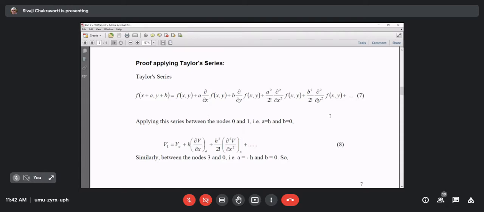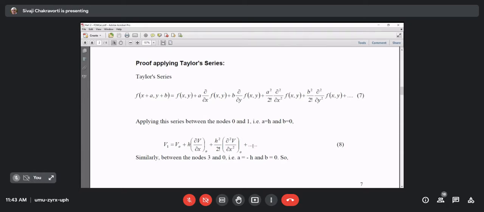Now this equation 7 is telling you that if I know f(x, y) at the coordinate of x and y, and if these partial derivatives are known, then I can always get the value at the second point without going into any computation by this series. This is what the Taylor series says. And that's what exactly I am now going to use.